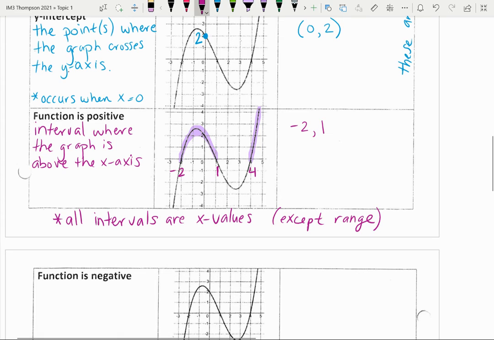That's neutral. So because it doesn't include this point, I have a round bracket, or a round parenthesis. Same thing here. Above means it doesn't touch the line, so it's going to be a parenthesis. That is an interval, even though it looks just like a coordinate.